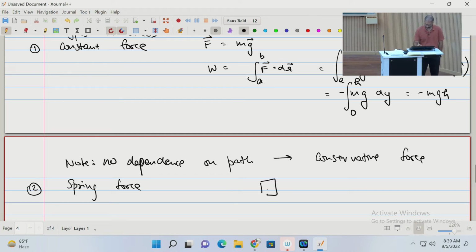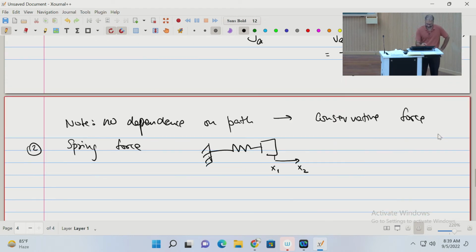If I take a mass connected to a spring, and I am moving the mass from left to right, the mass is moving from left to right, from x equal to x1 to x equal to x2. Now the spring will apply a force to the left.